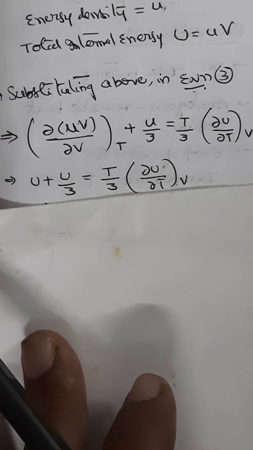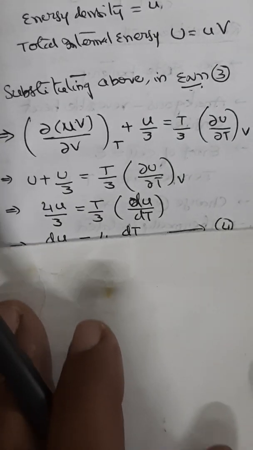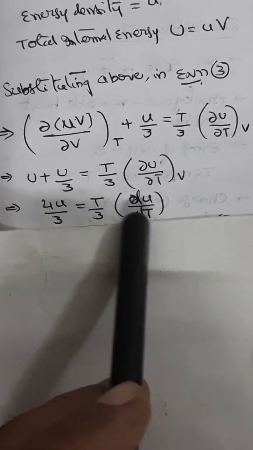Then the equation changes into ∂(uV) by ∂V at T plus u by 3 equal to T by 3 into ∂u by ∂T at V. Simplifying that, you will have u plus u by 3 equal to T by 3 into ∂u by ∂T at V. Now when you take LCM, this becomes 4u by 3 equal to T by 3 into du by dT.